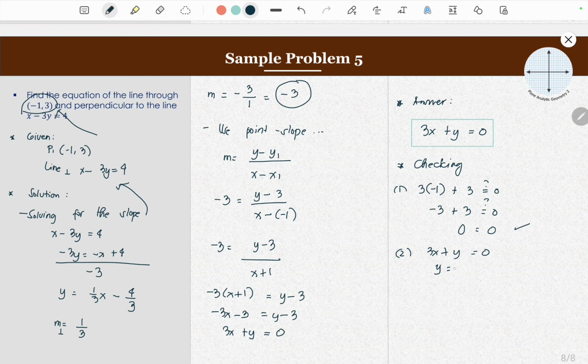When I say slope-intercept form, the left side of the equation is only the variable y, then transpose everything to the right side. So this is y = -3x. Okay? The slope in this form is just the numerical coefficient of x, which is -3. Is the slope -3? Yes, it is -3. Since the equation satisfies these two, therefore, your answer is correct.